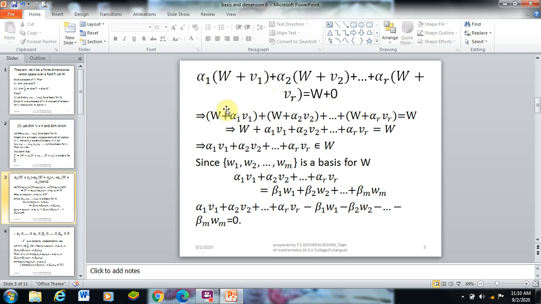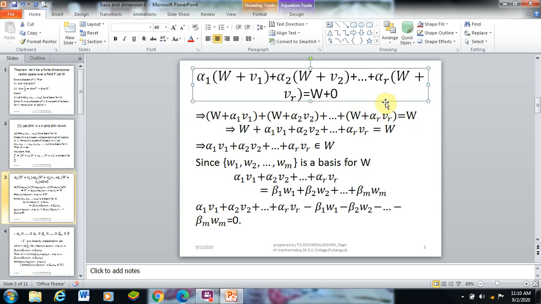This implies W plus alpha 1 v1 plus W plus alpha 2 v2 plus, etc., W plus alpha r vr equals W. This implies W plus alpha 1 v1 plus alpha 2 v2 plus, etc., alpha r vr equals W. This implies alpha 1 v1 plus alpha 2 v2, etc., alpha r vr belongs to W.